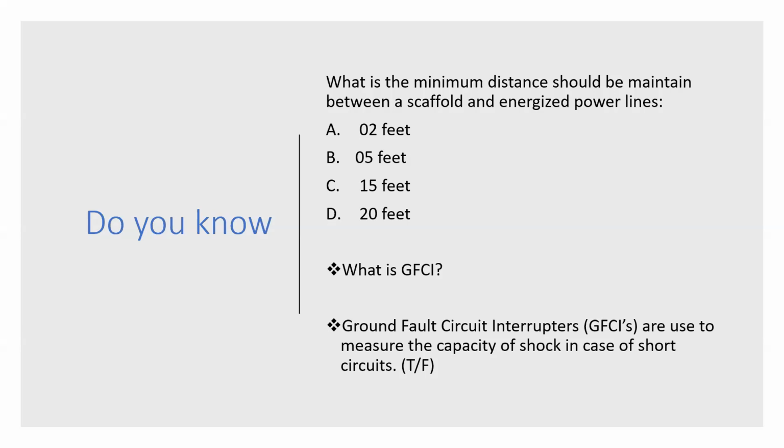Maybe it measures less than 5 milliampere, but the main role is not to measure, it is to interrupt the current. That's the difference between going and returning, 0.005 ampere. So basically GFCI is not a measuring device. It is only a circuit breaker. So this one is false.